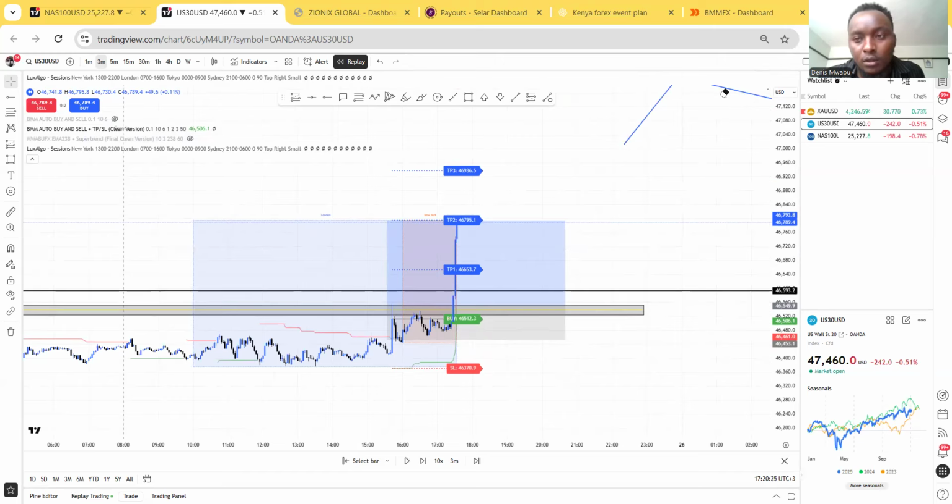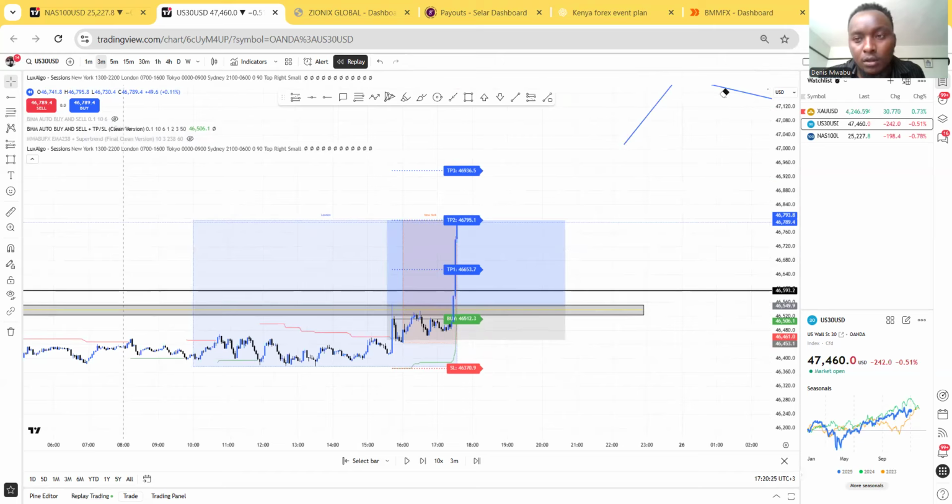Let me disable annotation. Yes, so you can see the performance of this tool. That is still the same strategy that you use here on gold. It's still the same strategy that you'll use on NASDAQ if you like trading NASDAQ and these other pairs.